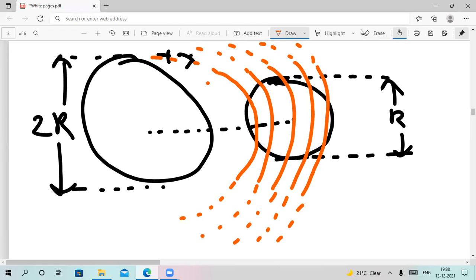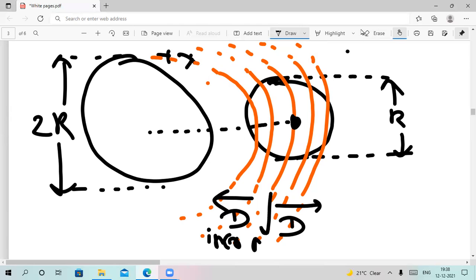Now we need to choose the instant at which the most amount of the circumference of the ring is inside the sphere, and that is when it has crossed the center. That's extremely obvious, because before that it was increasing, at this point it is at its maximum, and after that it will start decreasing again.